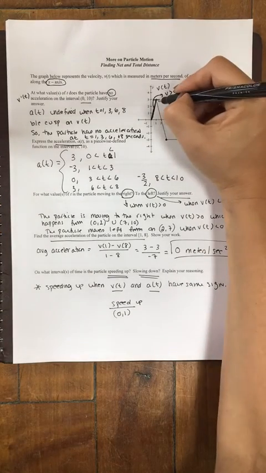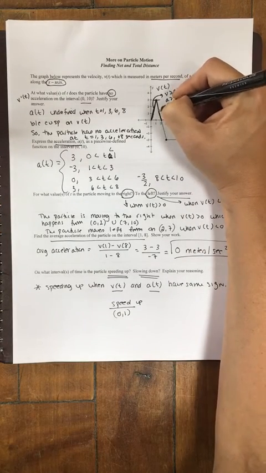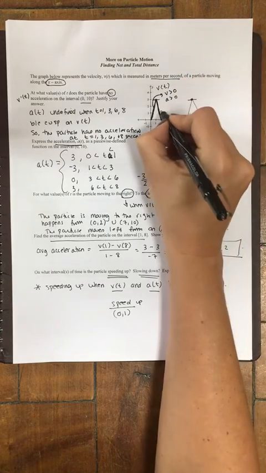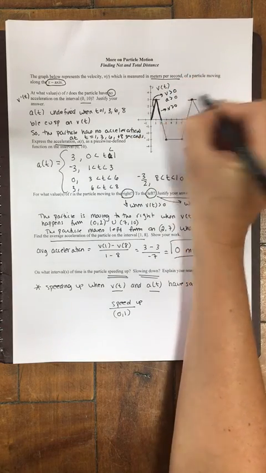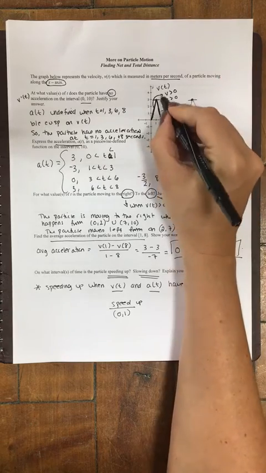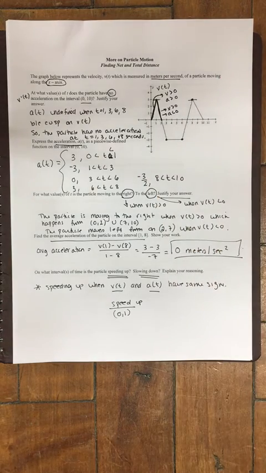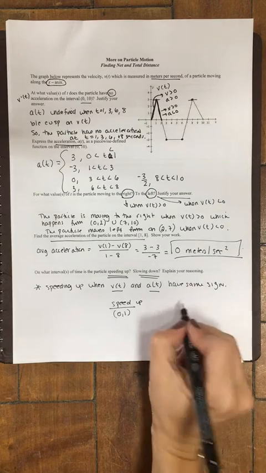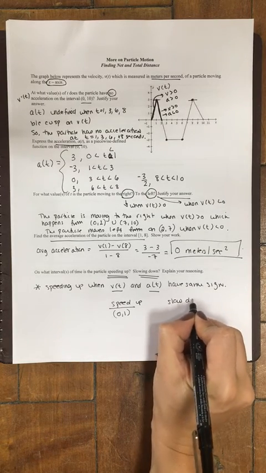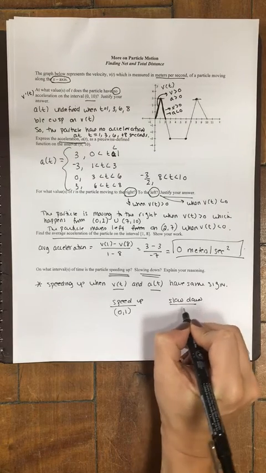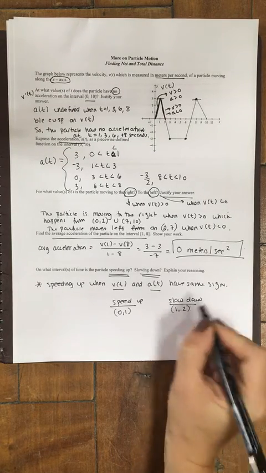Now let's look at this piece here. The velocity is positive, above the x-axis, but the velocity curve is decreasing, so the acceleration is negative, meaning that we are slowing down from 1 to 2.